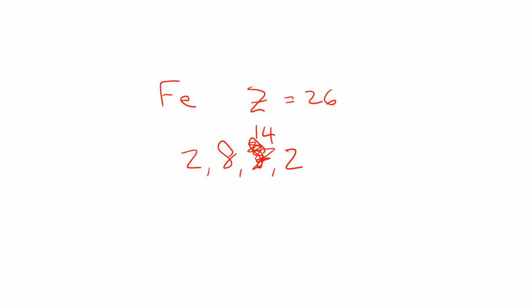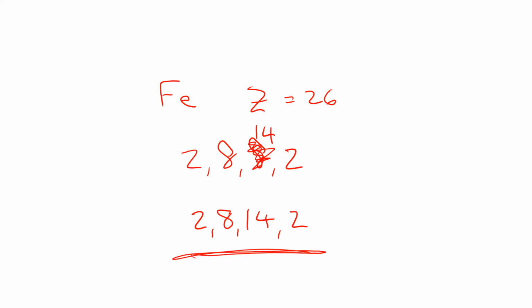Well, remember that third shell wasn't full, so we actually come back to it and put our remaining 6 electrons into the third shell. So the electron arrangement for iron is actually 2, 8, 14, 2. So that third shell will be filled up for the 10 elements after calcium. The next 10 elements, we come back and fill up that third shell up to the 18 that it can actually take.